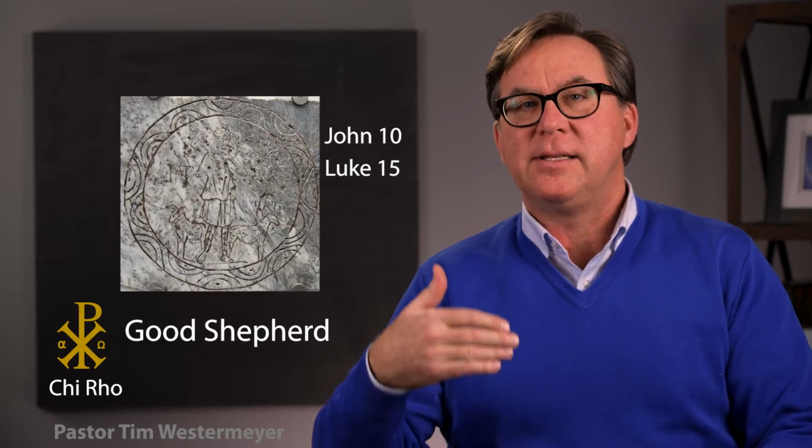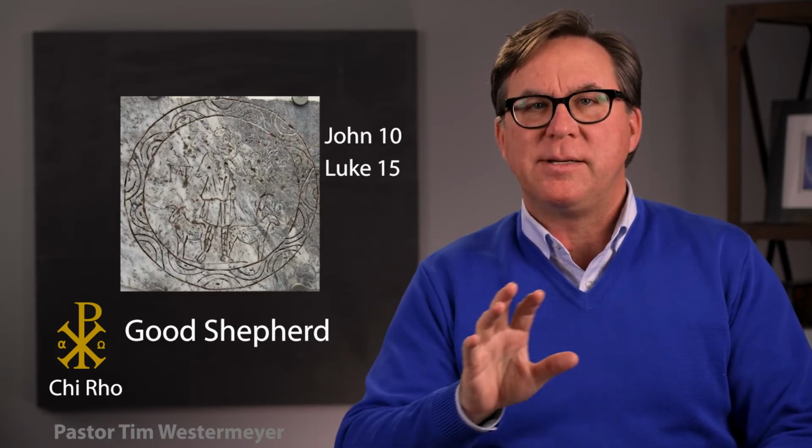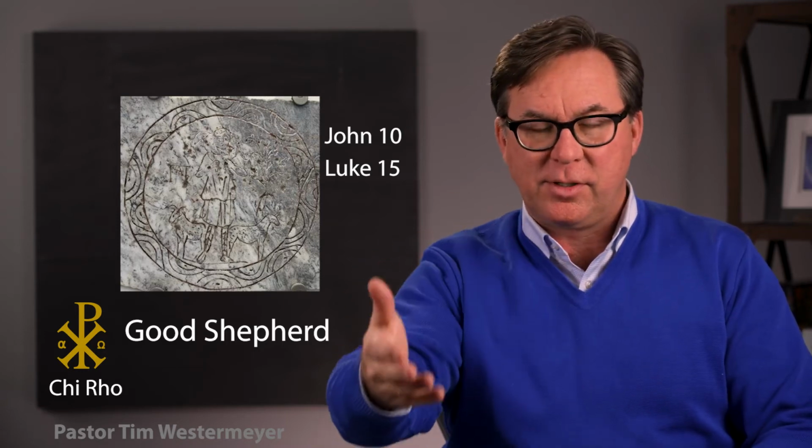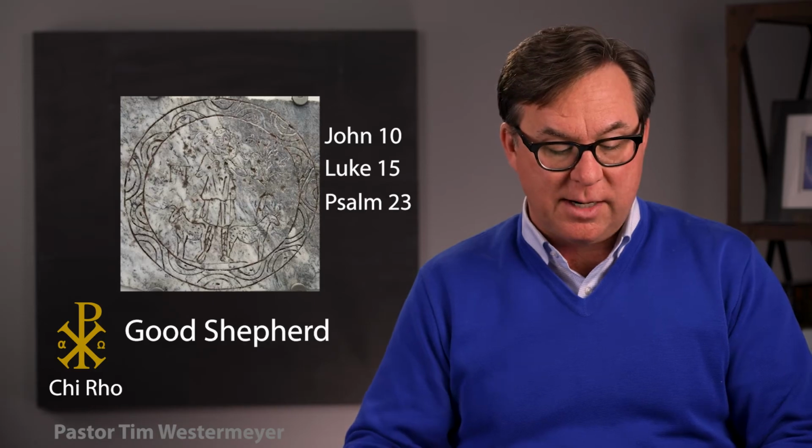Luke 15, the parable of the 99 and the one sheep, or the lost sheep that the shepherd goes out to find. Psalm 23, maybe most famously, the Lord is my shepherd. So those and other images from the Bible show us an image of Jesus, the Good Shepherd, coming to reach out to find his lost sheep, among other things.